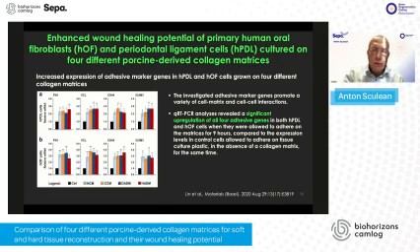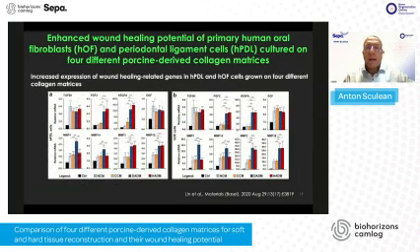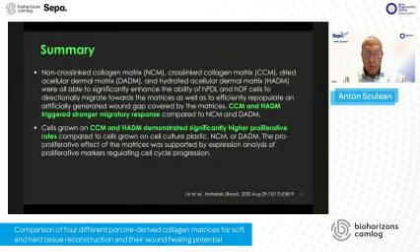However, a tendency was observed towards the hydrated matrix. And then we looked also at the wound healing related genes. We have a number of genes that you can see on the screen. And if you look again at this upregulation, you can see that also the other matrices perform quite nicely, but the tendency is always a little bit towards the red one.